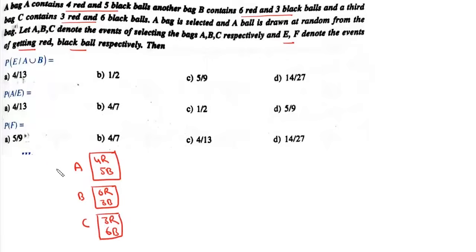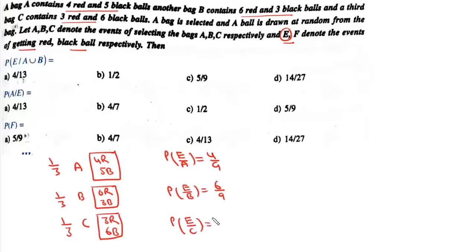Now the probability of choosing any one bag is 1 by 3, 1 by 3 and 1 by 3. Now for the event E, which is getting a red ball, the probability of E given A is 4 by 9, E given B is 6 by 9, and E given C is 3 by 9.